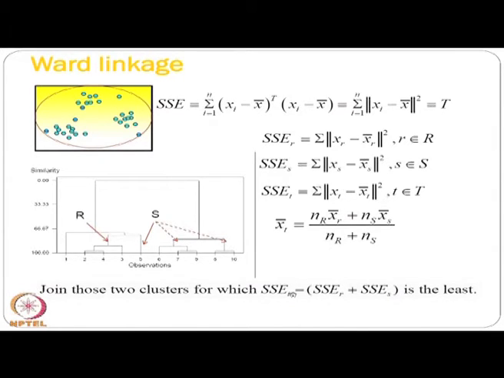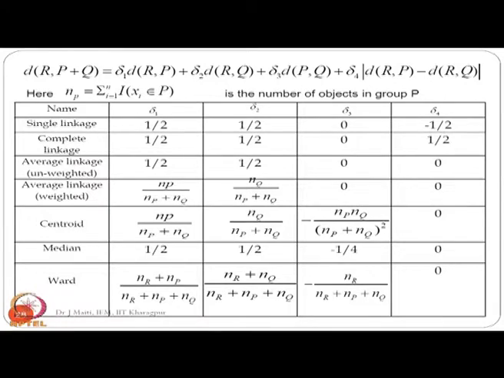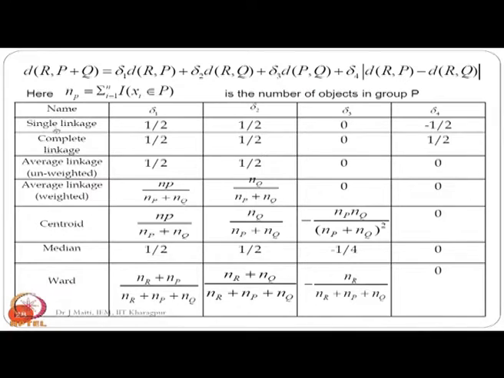Then we go to the totality. What I mean to say is, we have seen single linkage, complete linkage, different ways of joining for hierarchical clustering, and all of these combined have one formula. This D(R, P+Q) means R and P plus Q: we have three clusters R, P, Q, and you are joining the P and Q clusters.